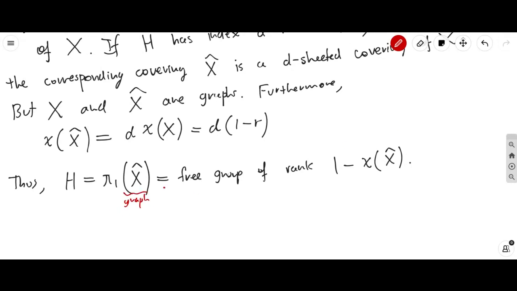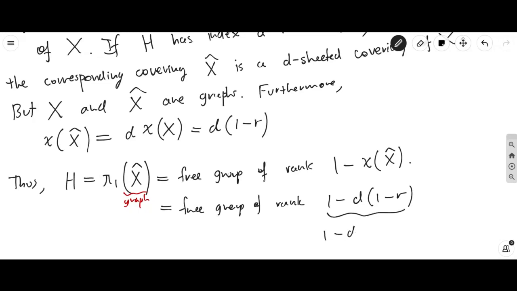How do you find the fundamental group of a graph? It's a free group of rank 1 minus the Euler characteristic of the graph. But what is that? It's d times (1 minus r). So this is a free group of rank 1 minus Euler characteristic, which is d times r minus 1. So in the end, you get 1 minus d plus rd. And that is the theorem.